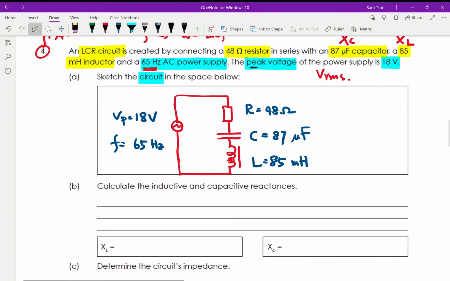The second part asks you to calculate the inductive and capacitive reactance. So XC: reactance is inversely proportional to the frequency, remember?